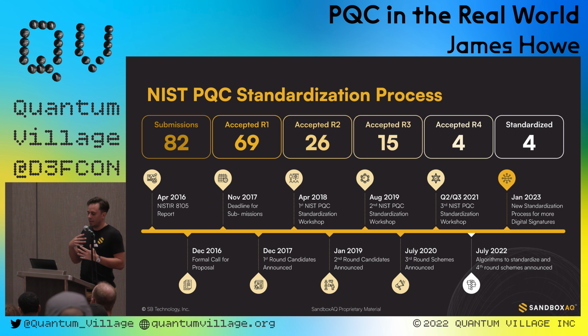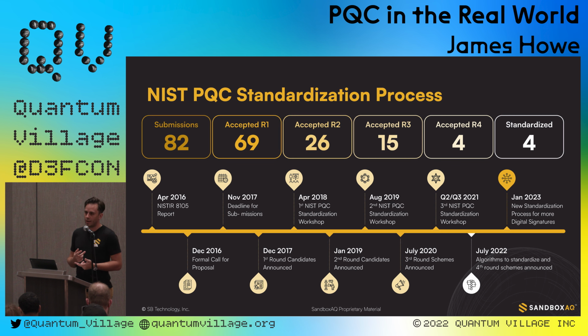As we see the progression of the years going by, we see a second round, third round. Basically, NIST asks for more scrutinization on specific things. In the first round, we might have seen more scrutinization on the cryptanalysis, the hardness problems, the maths.